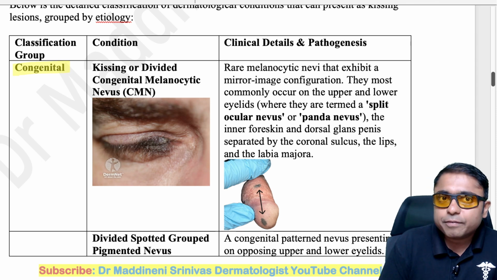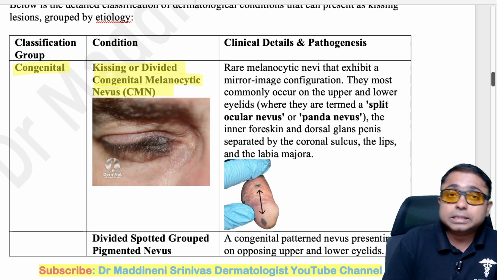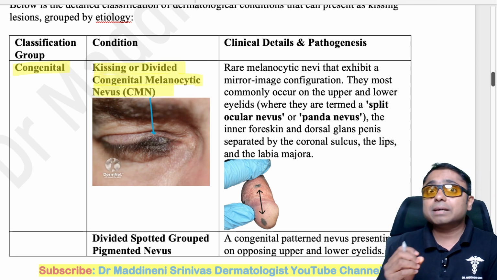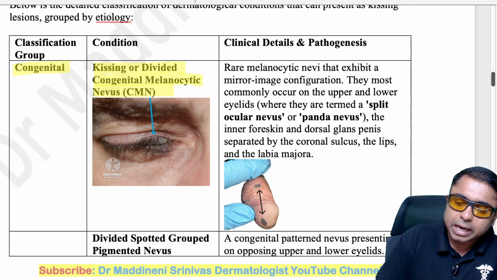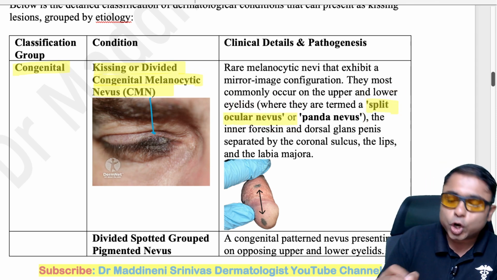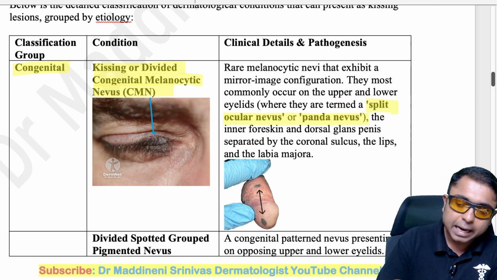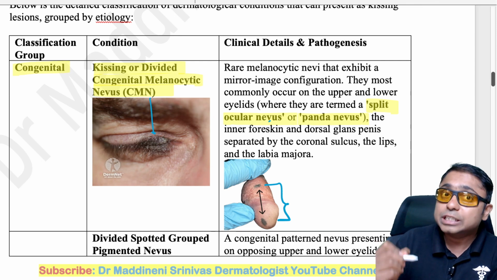First let us cover the congenital, where you can remember kissing or divided congenital melanocytic nevus. As you can see in this picture, this is a patient of CMN over the upper and lower eyelids, also called split ocular nevus or panda nevus. And in this picture you can see the congenital melanocytic nevus present over the genitalia.